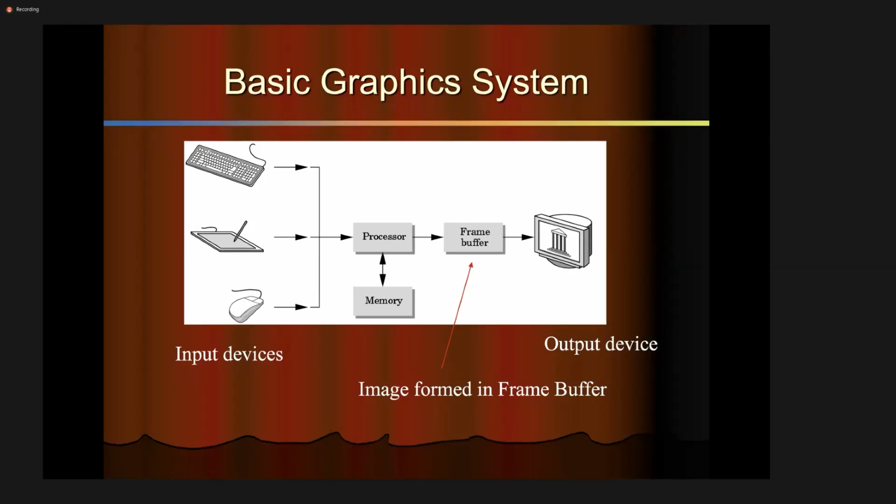From the frame buffer, that data will be transferred pixel by pixel onto the screen. In the frame buffer, there are memory locations which correspond to different locations on the pixel plane.